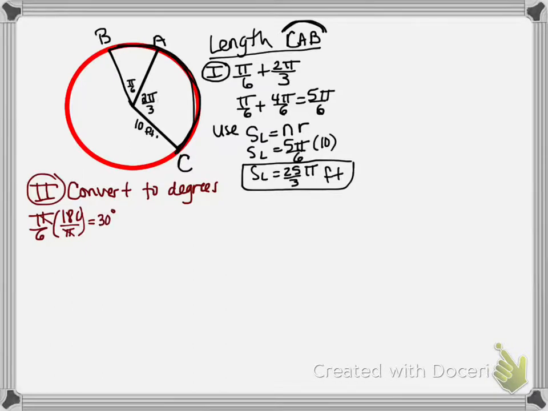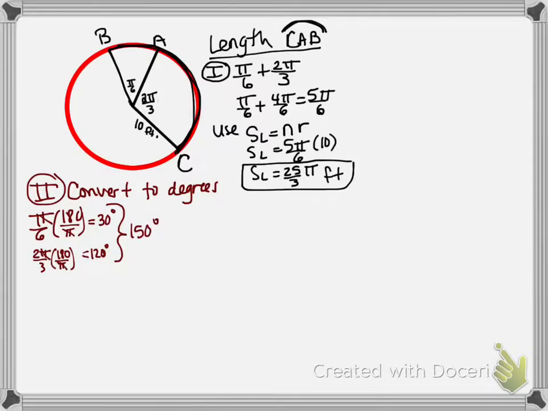And the other one, 2 pi over 3 times 180 over pi, you cancel those and get 120 degrees, because 180 over 3 is 60, times 2 is 120. If you add these two up, that's 150 degrees. You could have added them as fractions first, then converted.